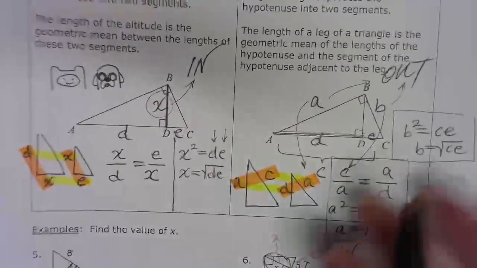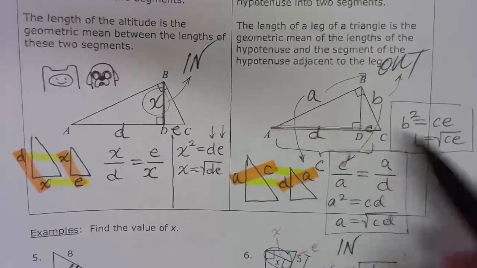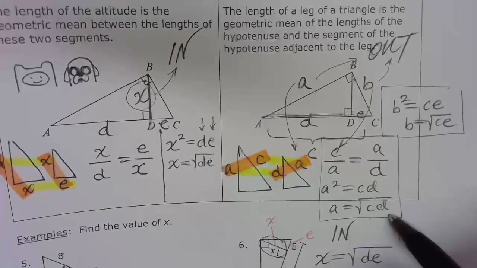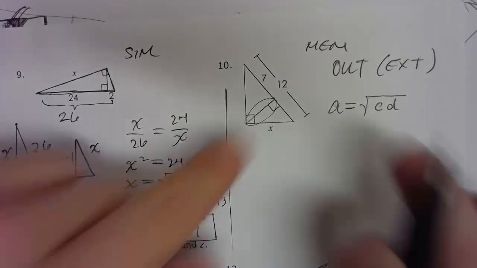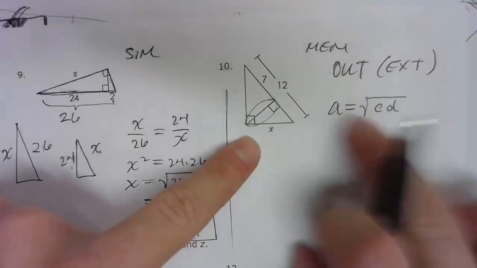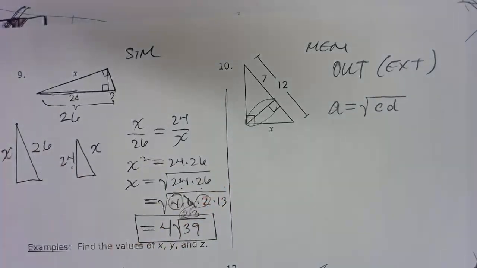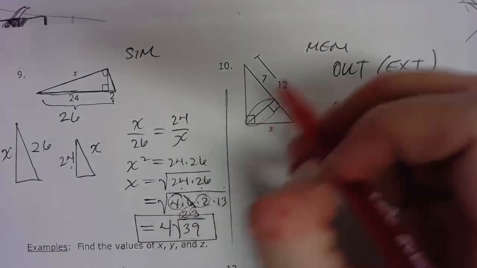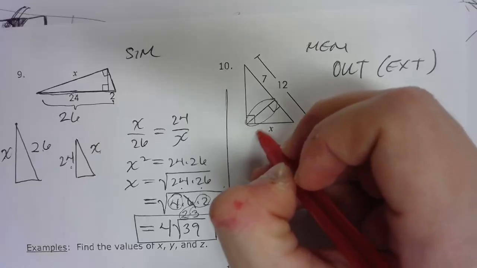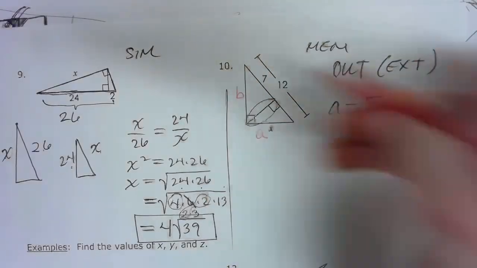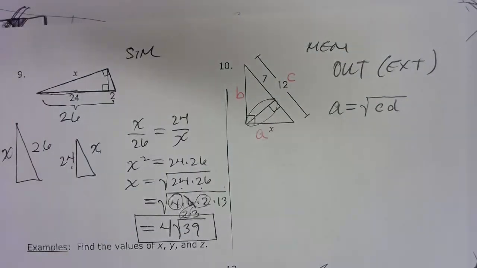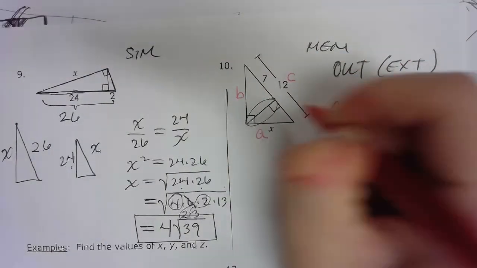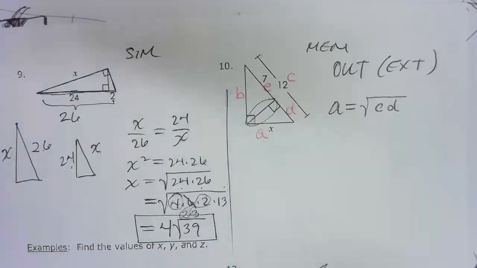I would see that A is equal to the square root of C times D. And memory people, just remember, these formulas are not given on the STAAR chart, so this is something you would have to know. Alrighty? And now, if I label my triangle correctly, I see that this side is A, this side is B, so these are the legs of the big triangle. C is 12, and then I have D and E here.